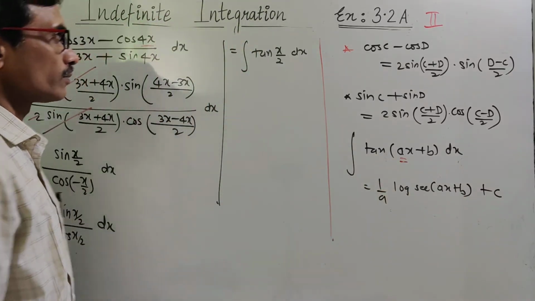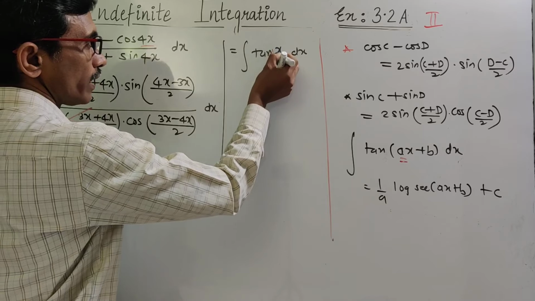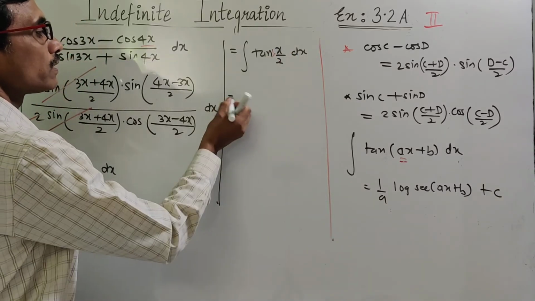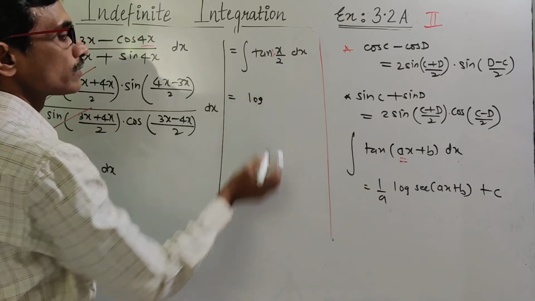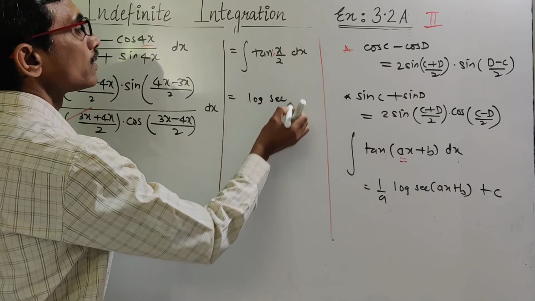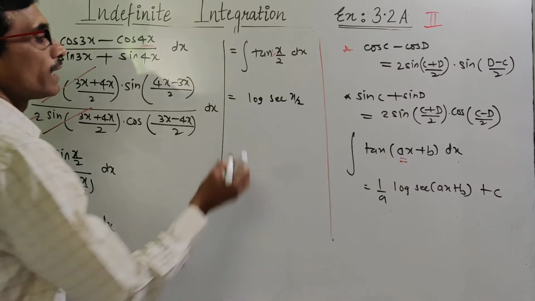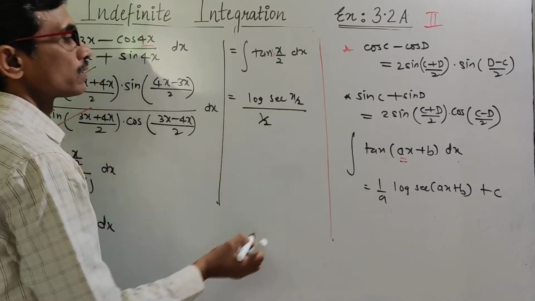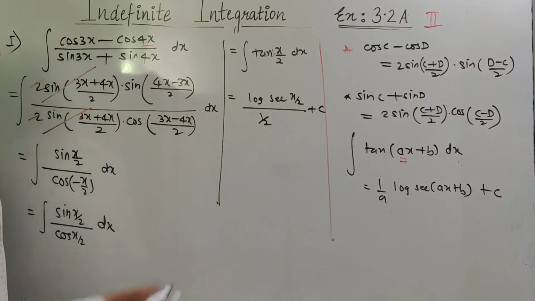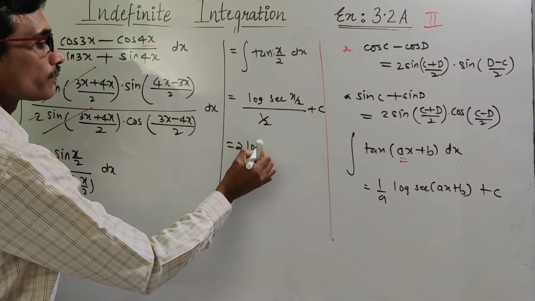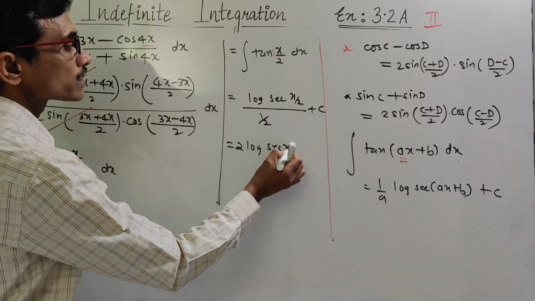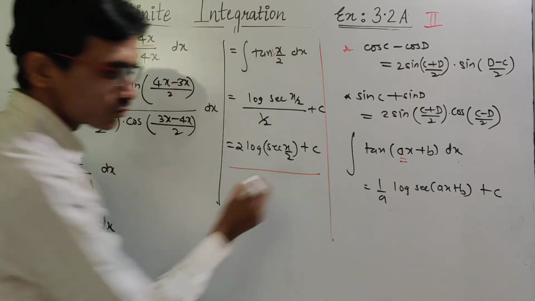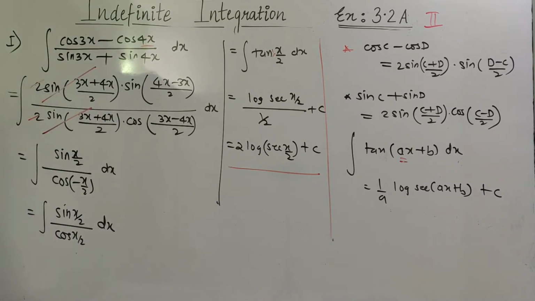Here 1 by 2 is a. That means it is log of sec of x by 2 upon a, upon 1 by 2, plus c, which will be 2 times log of sec of x by 2 plus c.